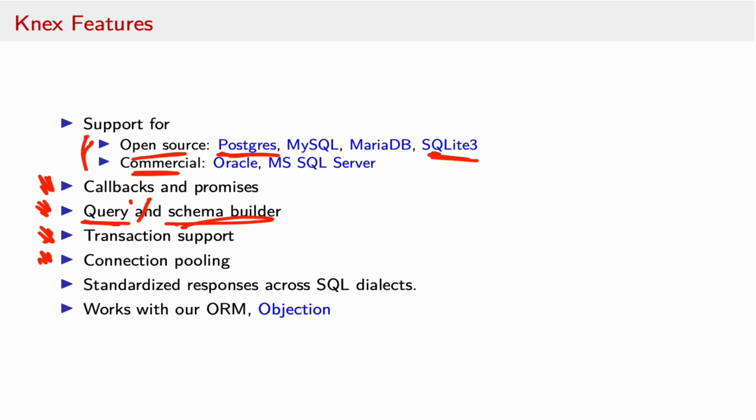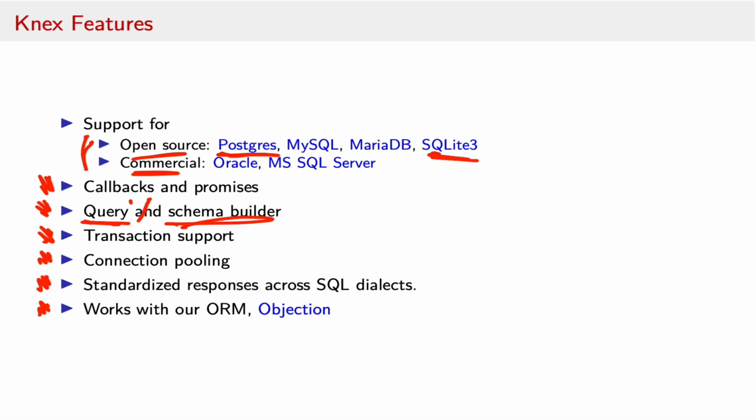We'll see that there are standardized ways of getting information back from the database that normalizes the types of responses that you might get from different SQL dialects, which is really helpful for our code. And then finally, we'll see that Knex works really well with our object relational mapping layer. Within the database layer that I've been talking about, we're going to have several sub-layers.